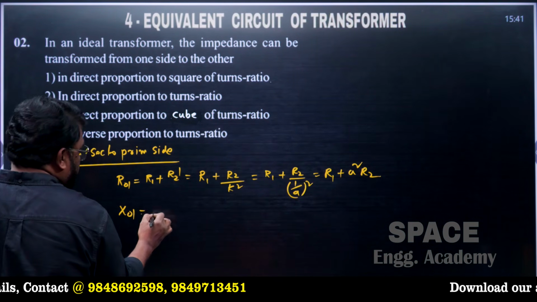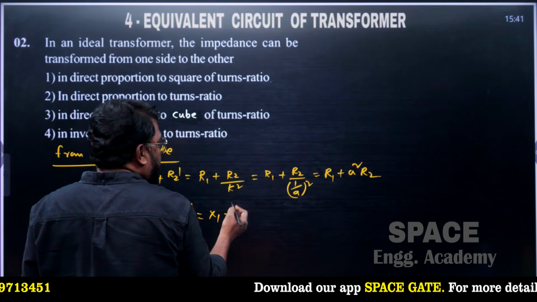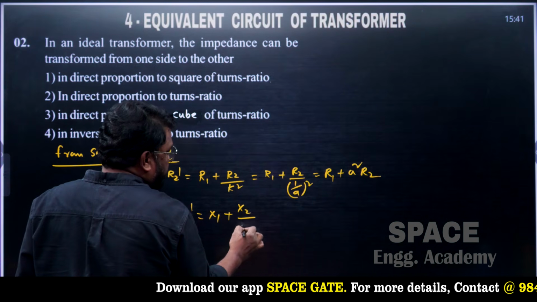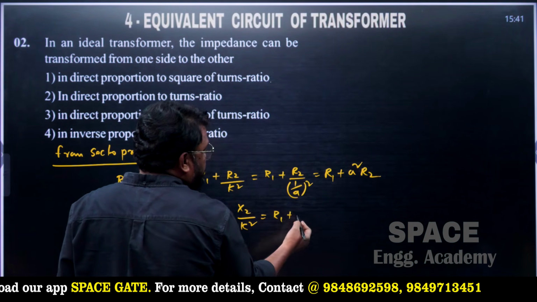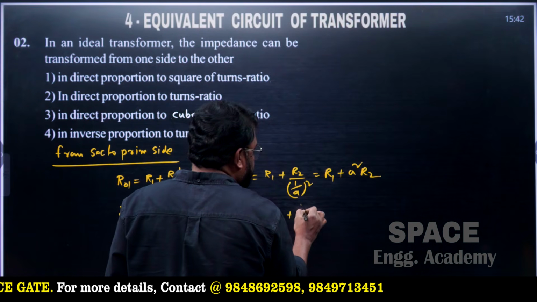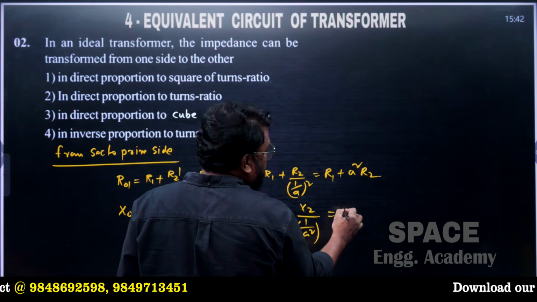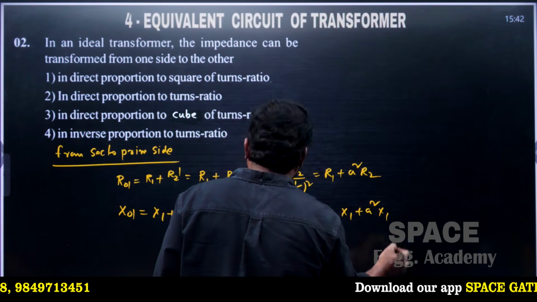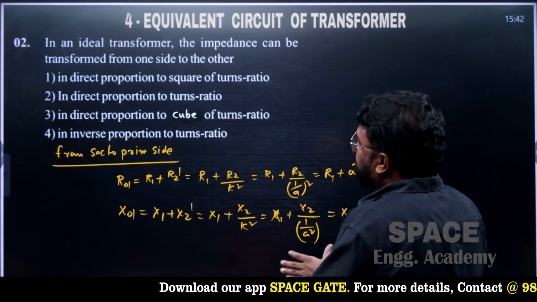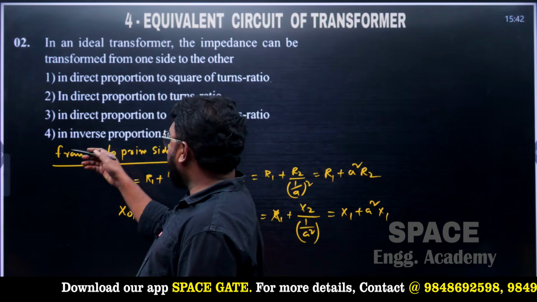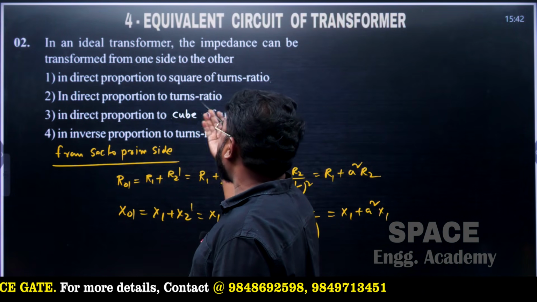Similarly, X01 is equal to X1 plus X2 dash, that is X1 plus X2 by K square, which equals X1 plus A square times X2. So from secondary to the primary side, it is in direct proportion to the square of the turns ratio.